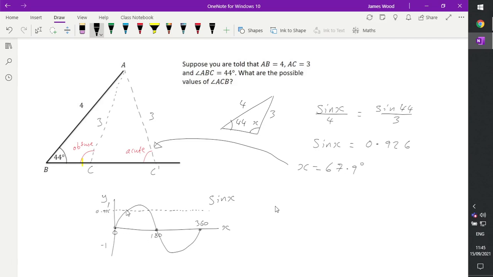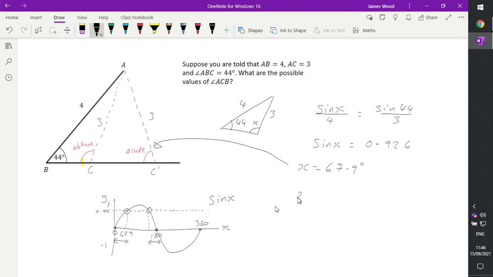So you can see there's two intersections. There's one here, and this is your first answer, 67.9. But then there's also one here. There's another solution. Now, if you look at this graph, it's symmetrical. So this gap here, which is 67.9 degrees, must be the same as this gap here, just because of the symmetry of the graph.